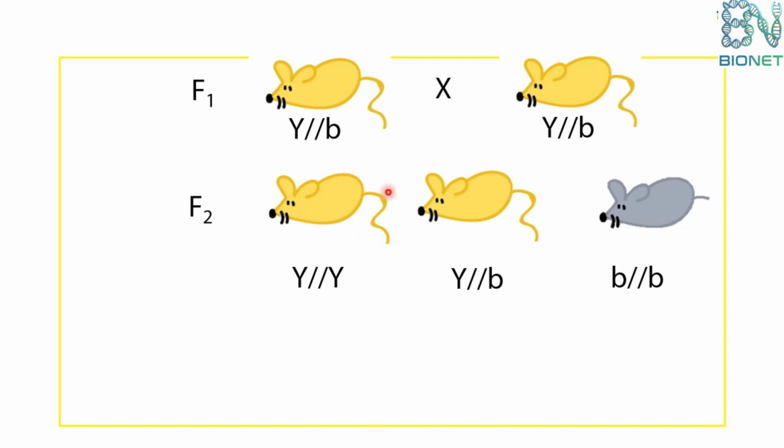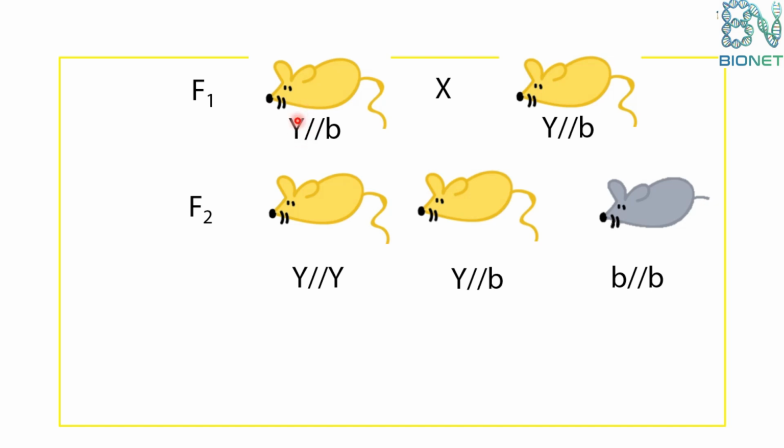These are the descendants. Y from the first parent with Y from the second parent will give a mouse having the genotype YY, and the color will be yellow.